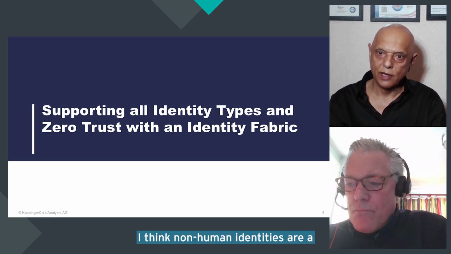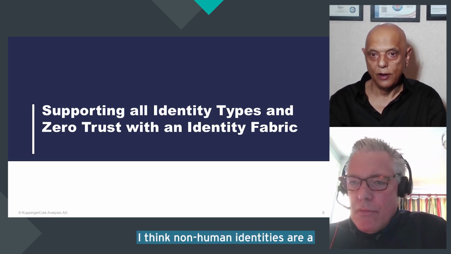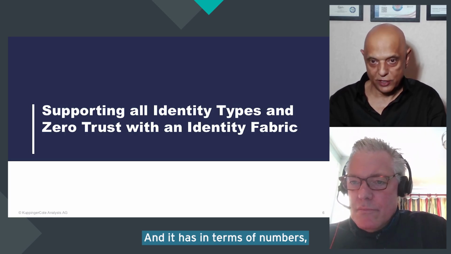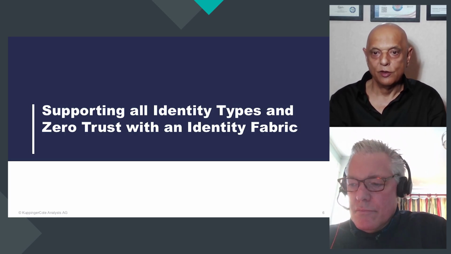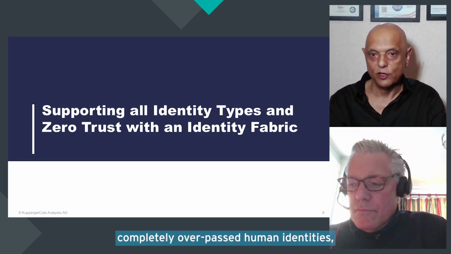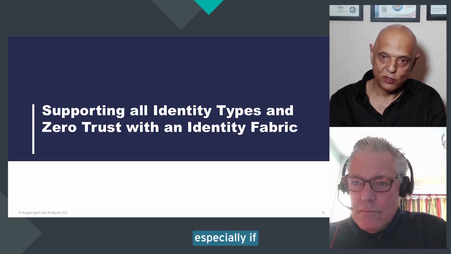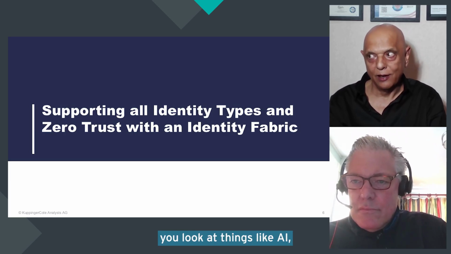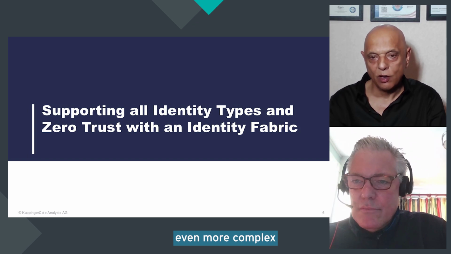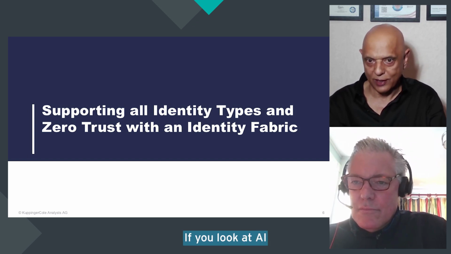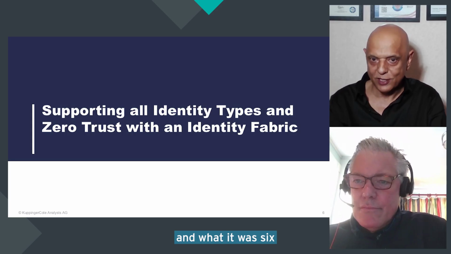As you rightly said, I think non-human identity is a very last 5, 7 years phenomenon. And it has, in terms of numbers, completely overtaken the human identities, including consumer identities. Especially if you look at things like AI, I think that's making things even more complex because the technology itself is evolving. What AI was 6 months ago is different from what it is today.